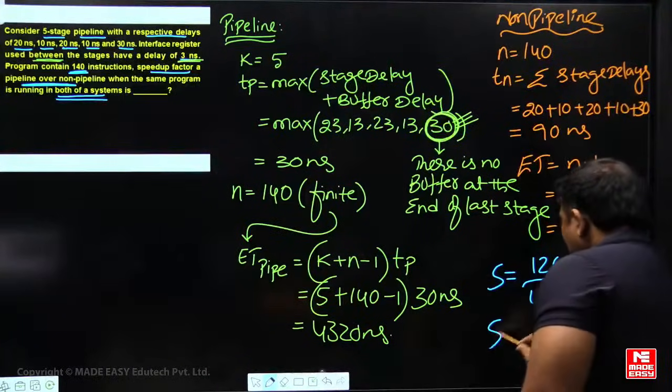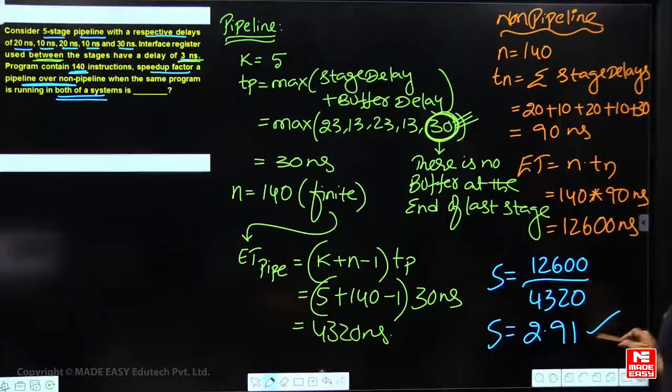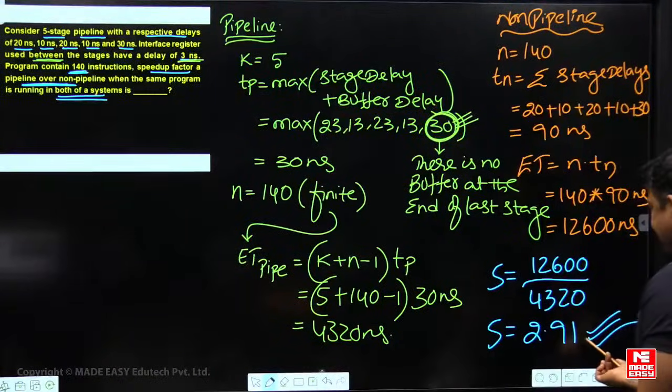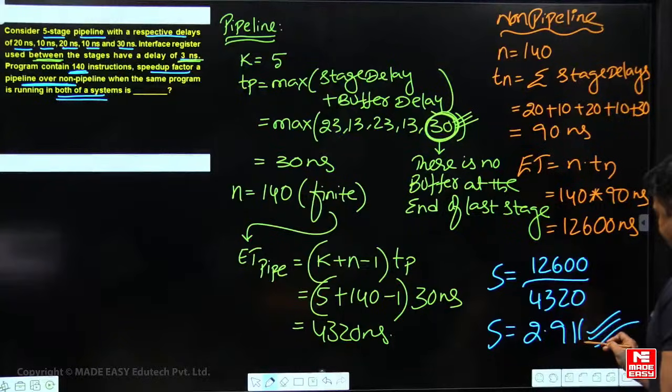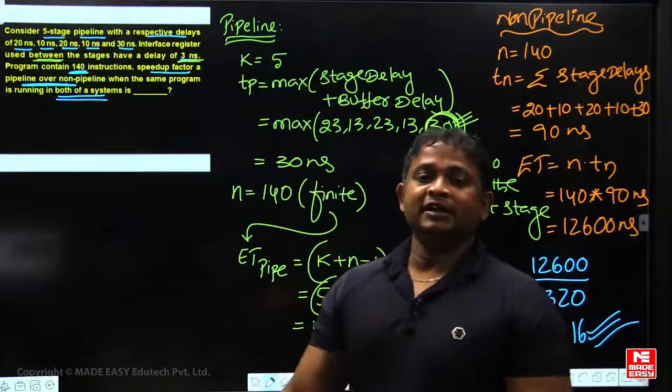This is 2.91 up to 2 decimal places. 3 decimal places, if they are asking, 2.916, depends on the question: 2 decimal places, 3 decimal places.